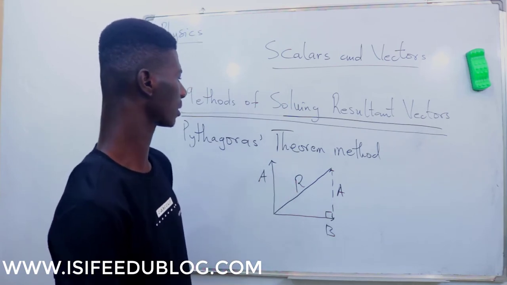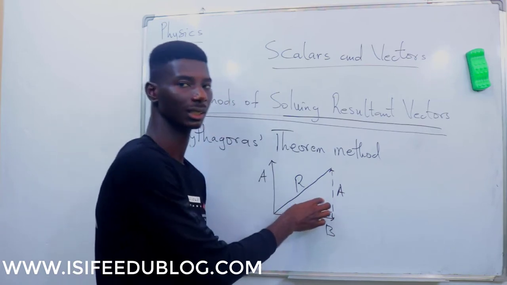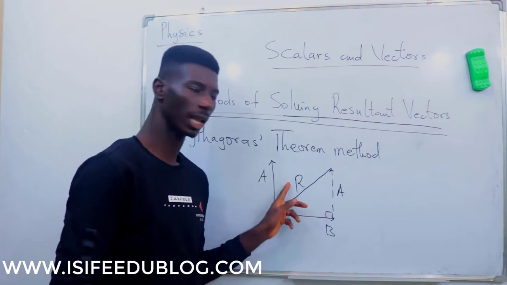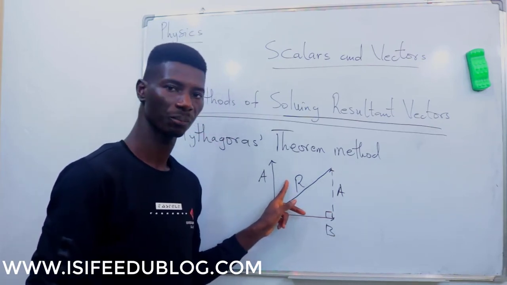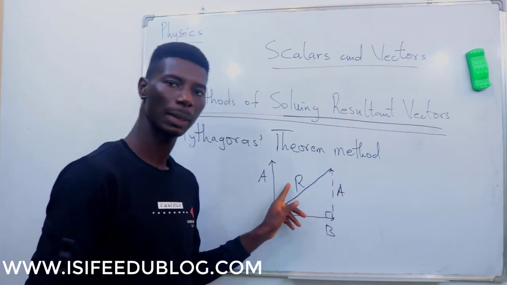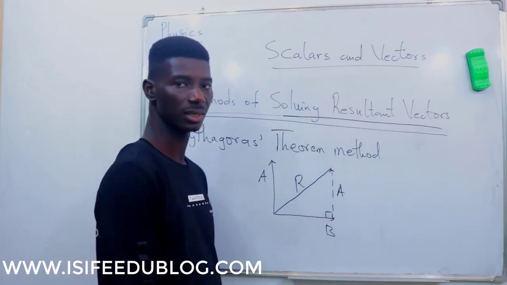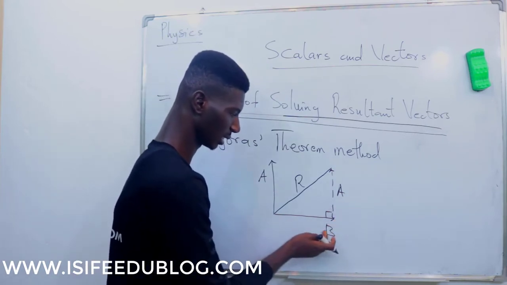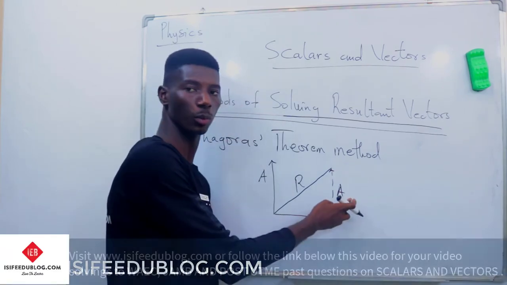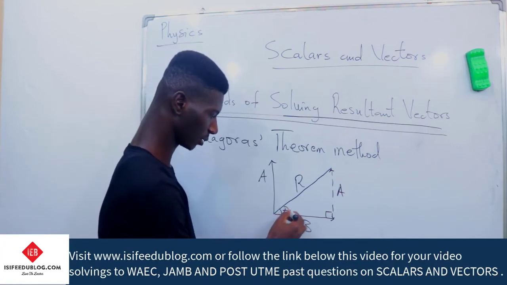So what does the Pythagoras theorem state? It states that in a right-angled triangle, the square on the hypotenuse side, in this case our resultant is the hypotenuse side, is equal to the sum of the squares on the adjacent, in this case B, and the opposite. The opposite of a right-angled triangle is the side facing the direction of the resultant.